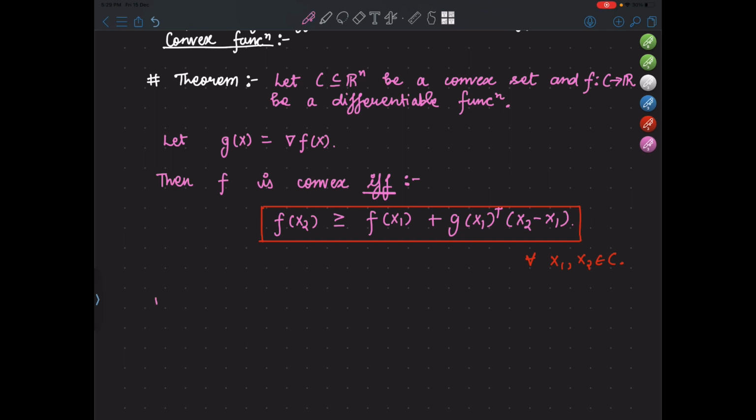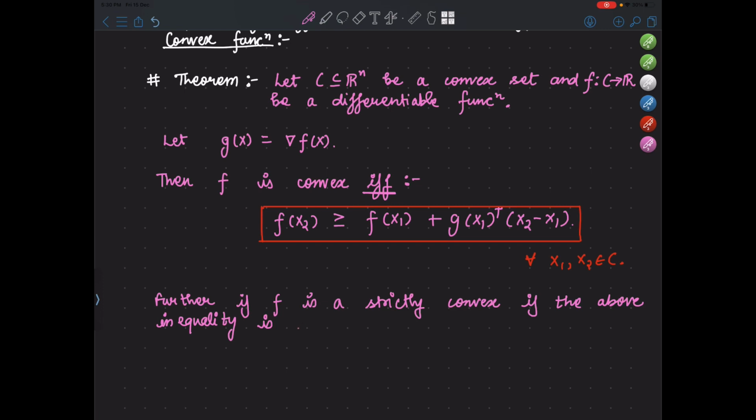Further, f is strictly convex if and only if the above inequality is strict for all x1, x2 belonging to C with x1 not equal to x2.